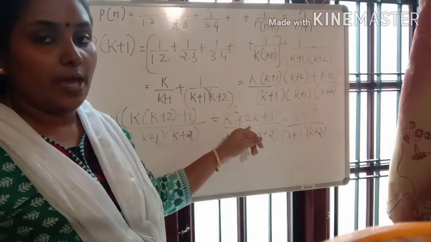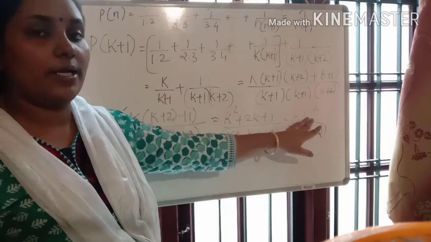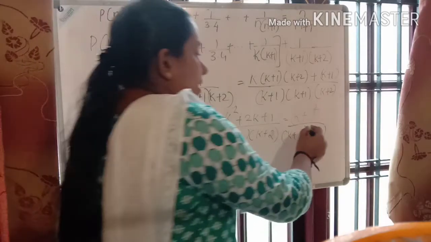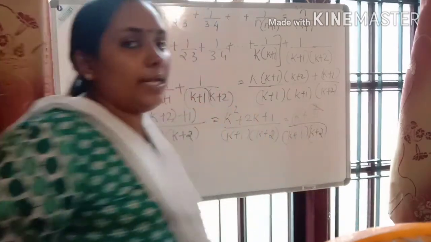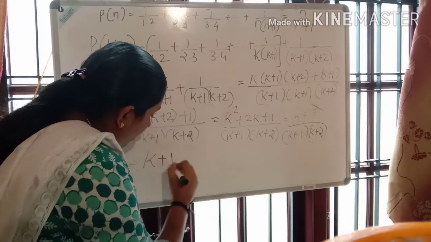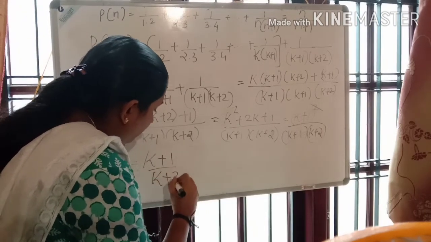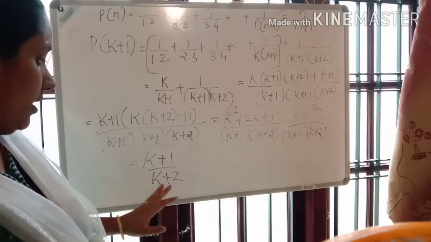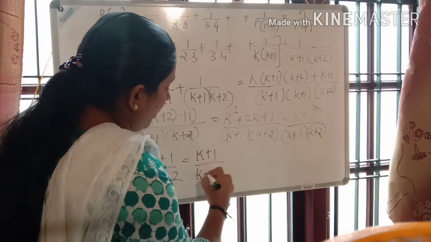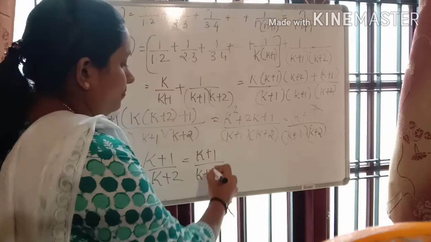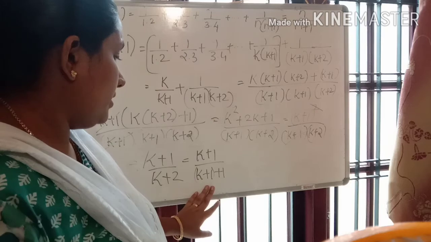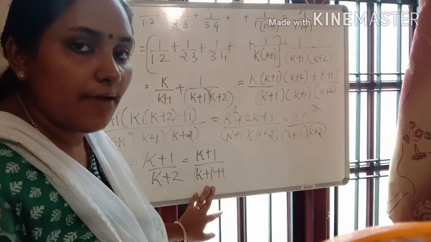So k square plus 2k plus 1 equals k plus 1 the whole square divided by k plus 1 into k plus 2. Just cancel one k plus 1 and we get the answer as k plus 1 divided by k plus 2. This can be written as k plus 1 divided by k plus 1 plus 1.